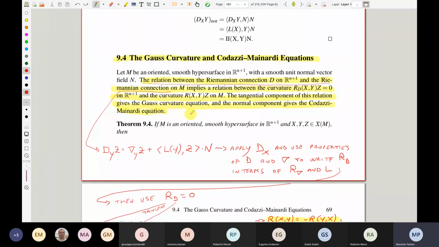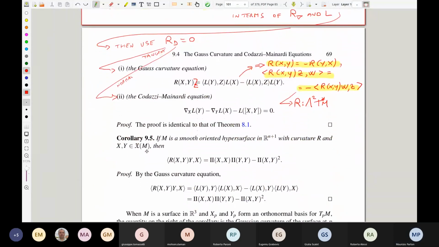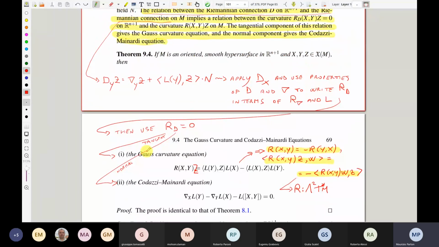Well, when we try to write the Levi-Civita connection in the ambient space with respect to the Levi-Civita connection in the submanifold, you end up with a relation between the two, and this relation gives just two equations, which are known as the Gauss equation and the Codazzi-Mainardi equation. They just express the fact that the curvature in the ambient space is 0, but your manifold, of course, does not have curvature 0.